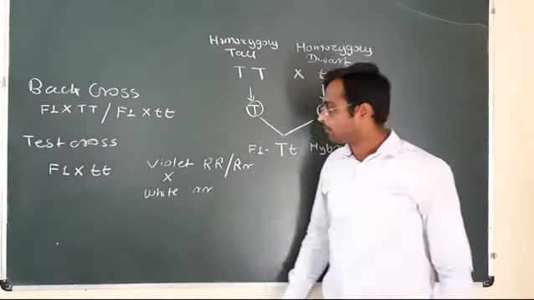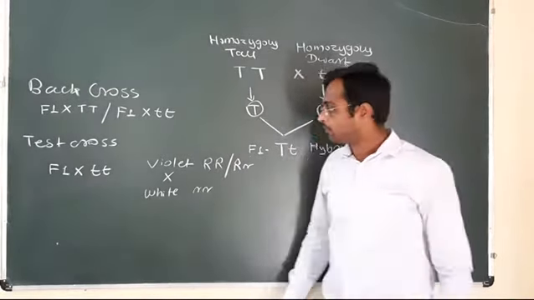When the plant is homozygous dominant and is crossed with the recessive small r, then 100% of the progeny formed are violet.